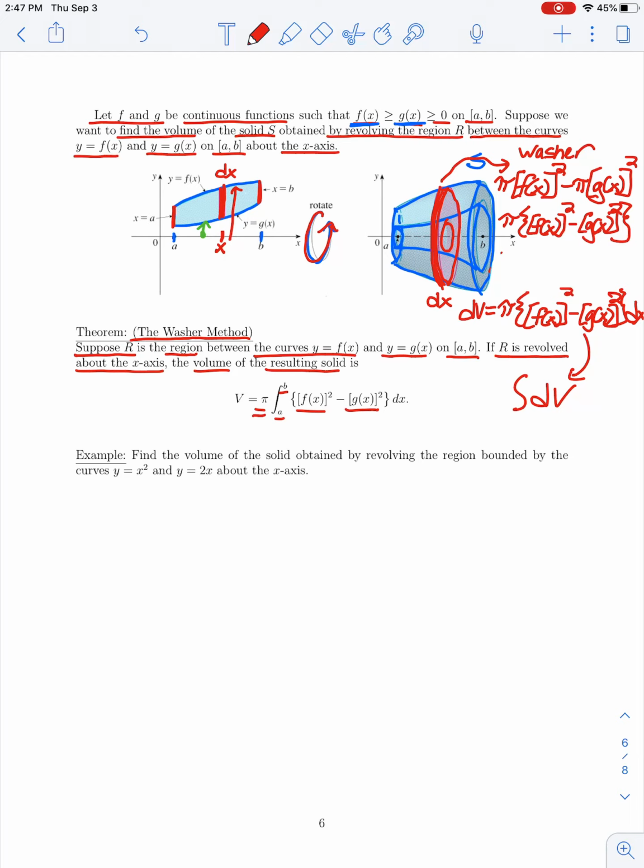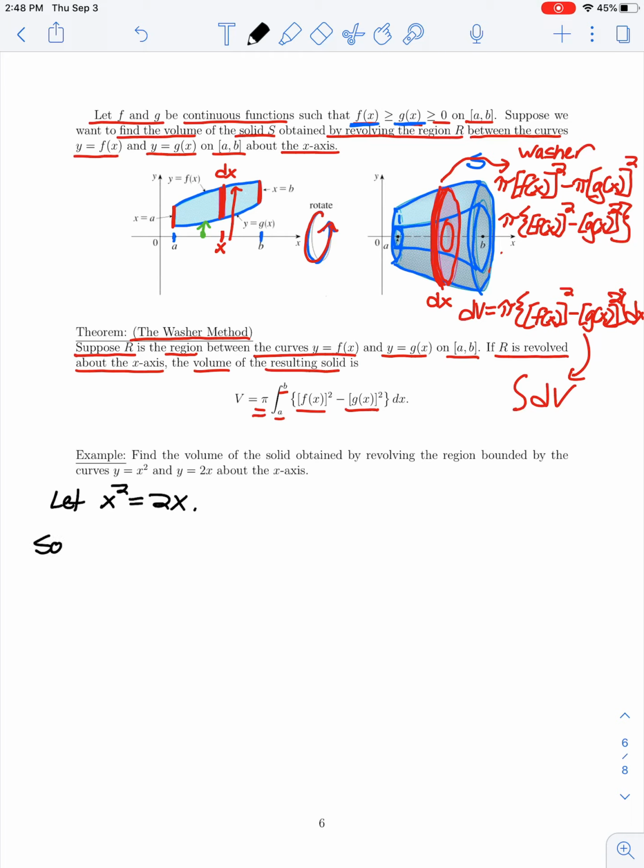So in order to determine what my region looks like, it's the region bounded by these two curves. So I need to know where they intersect one another. To find my points of intersection, I'm going to set these two curves equal to one another. That is, x squared will be equal to 2x.